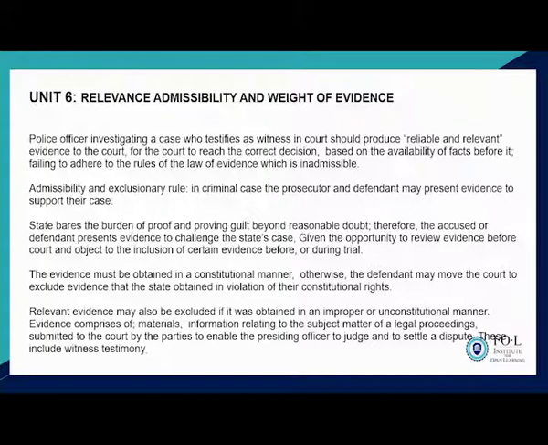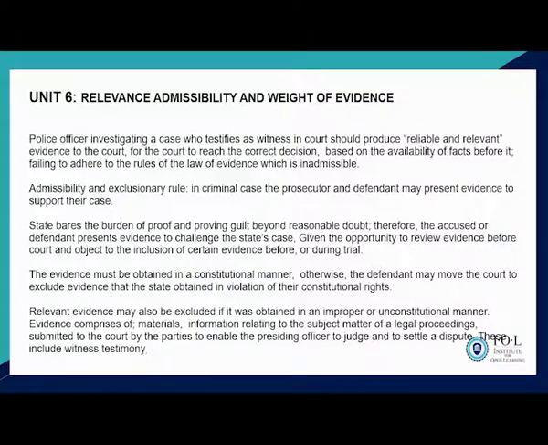The defendant is given the opportunity to review evidence before court and object to the inclusion of certain evidence before or during trial. The evidence must be obtained in a constitutional manner. Otherwise, the defendant may move the court to exclude evidence that the state obtained in violation of their constitutional rights.